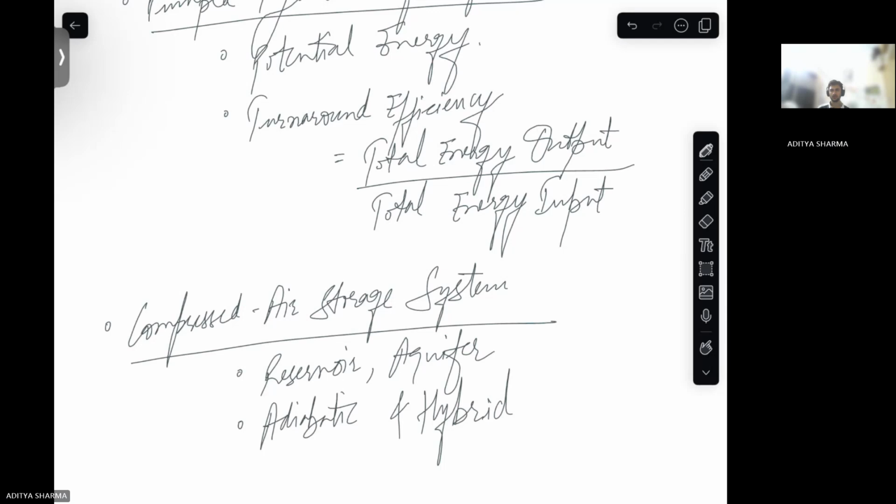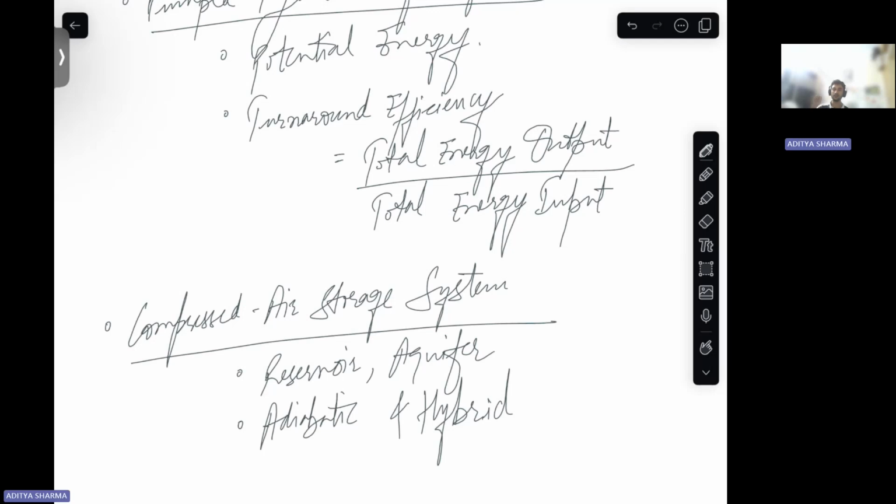So this heat at times is saved in some way. And at times it is not saved. So what are the repercussions of that?